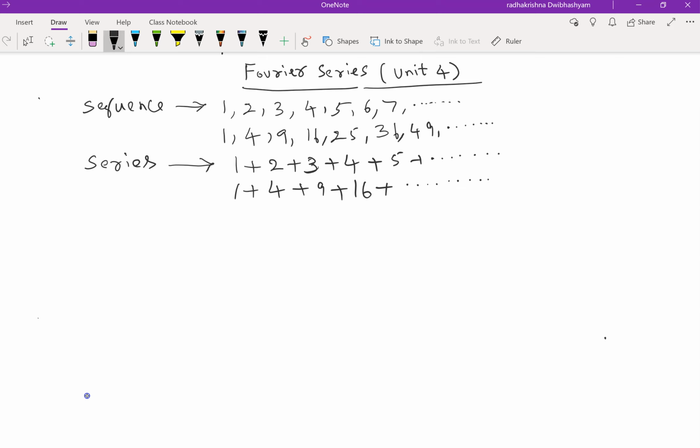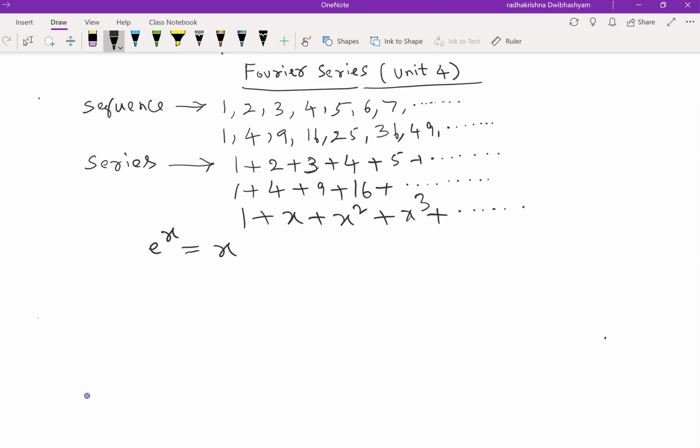Here series may not be only in terms of numbers. Even variables you can write as a series. This is an algebraic series, where we have all x terms. Any function can be expanded in the form of an algebraic series.